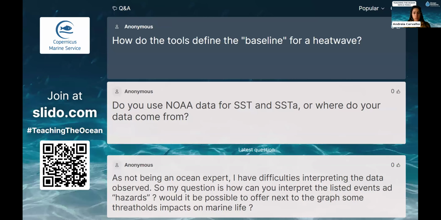Yes, so we monitor marine heat waves on a monthly basis, but we also produce a weekly forecast on marine heat wave events. We can definitely share the link with you guys, if it interests you to know more about how this has been evolving.